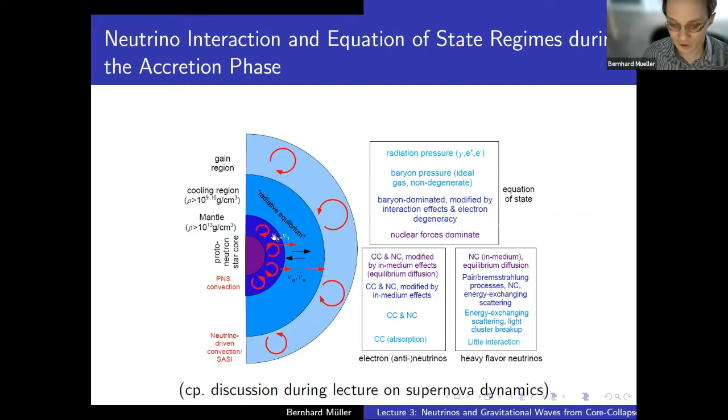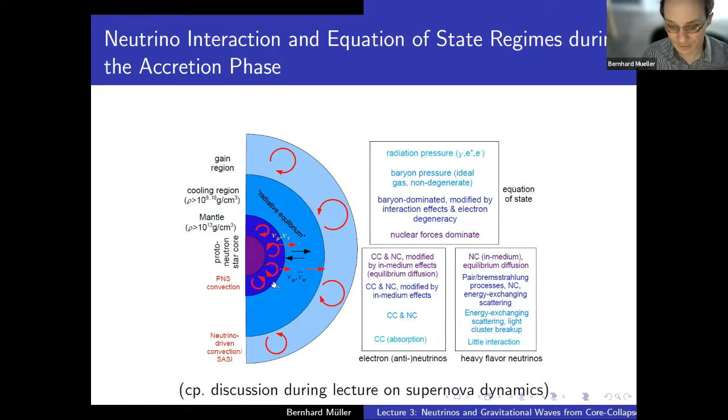So over short time scales, where you can treat the neutrinos as trapped, nothing much is changing in the proto-neutron star core or even the inner parts of the mantle. The neutrinos would basically come from the edge of the mantle. That's where most of the heavy flavor neutrinos come from. And a large part of them just comes from the cooling region.